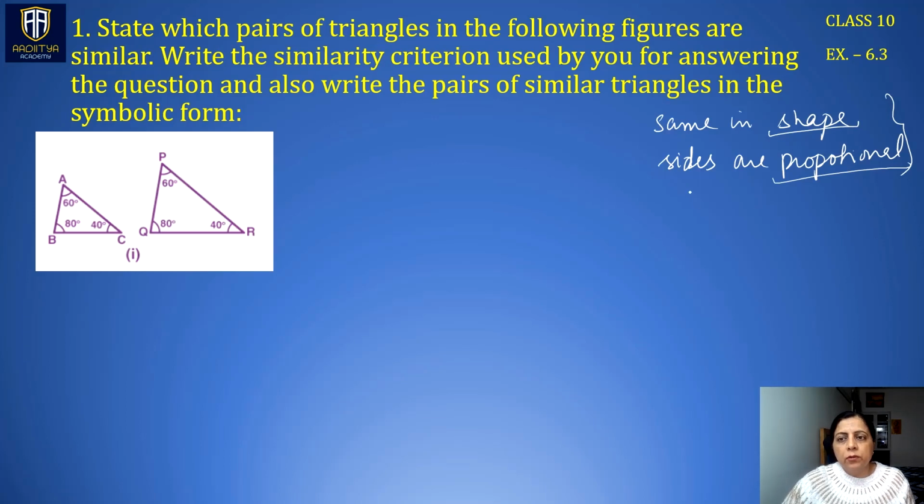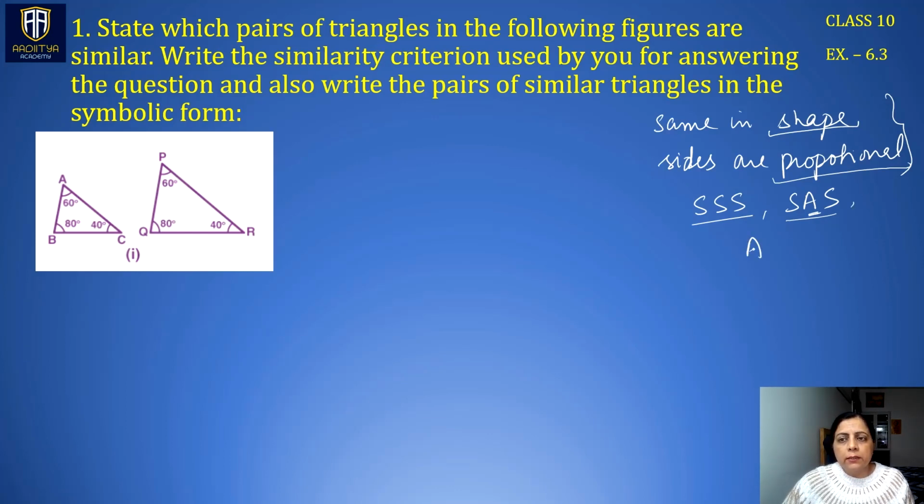And we have three different types of similarities. One is SSS similarity, in which the ratio of three sides of one triangle is equal to the ratio of three sides of the second triangle. Next one is SAS. SAS is when the ratio of two sides of two triangles are equal and the included angles are equal. Then they are similar.